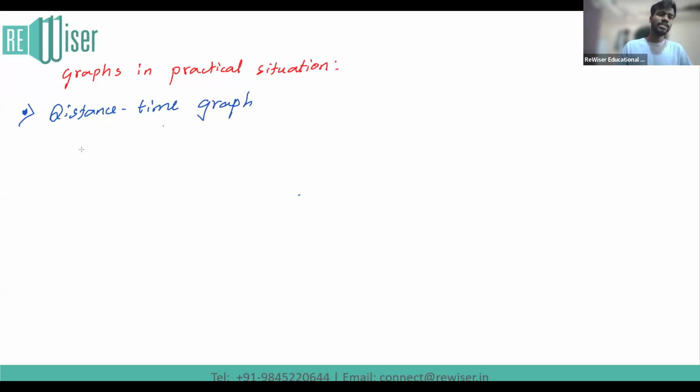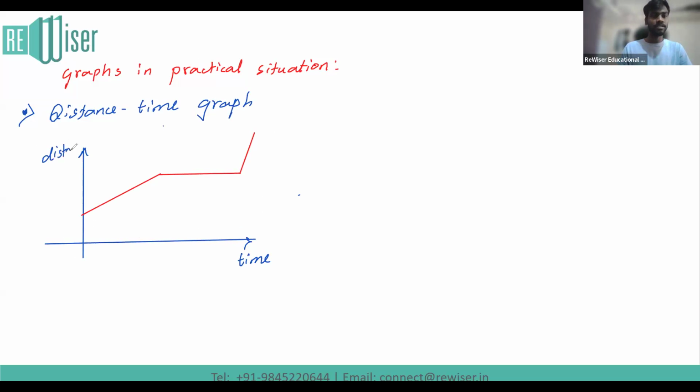So whenever we have these types of graph, the key point to understand here is, the distance time graph could be something like this, something like this, and something like this. Here on the y-axis, we will be having the distance, and on the x-axis, it's going to be the time, so time versus distance.